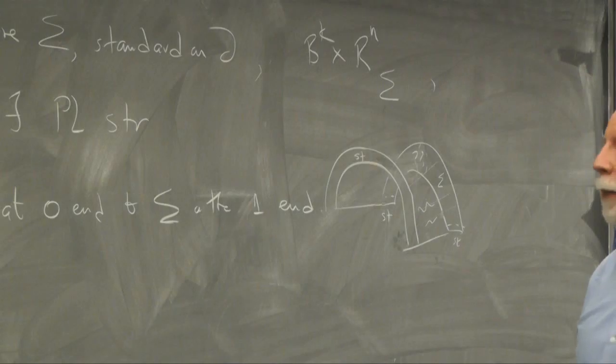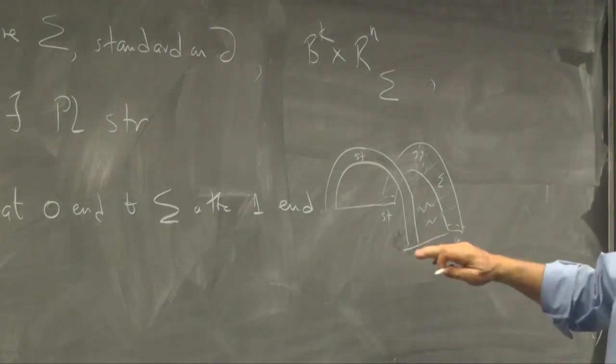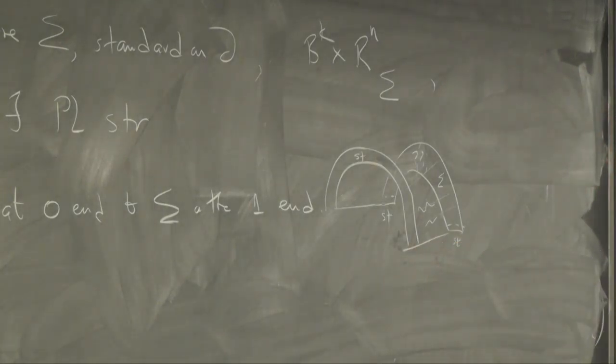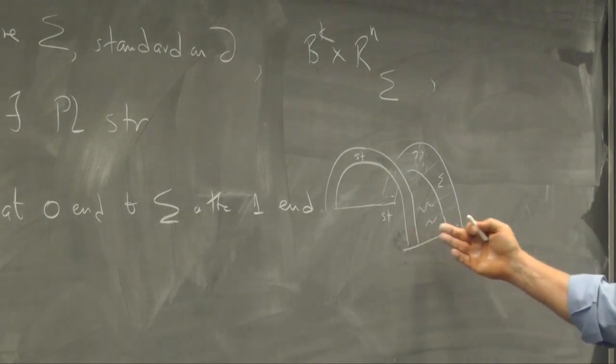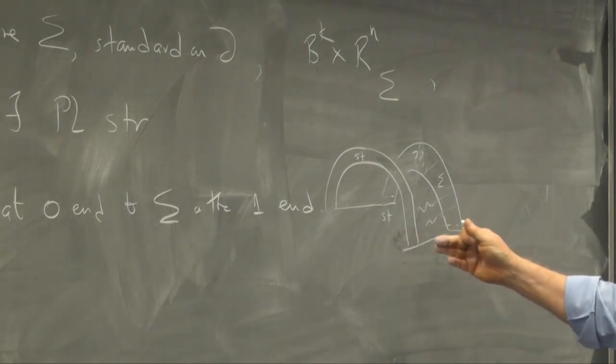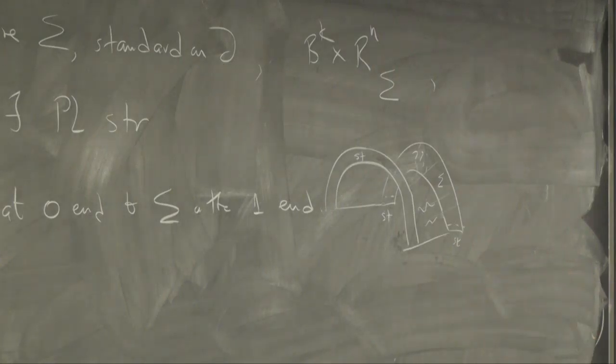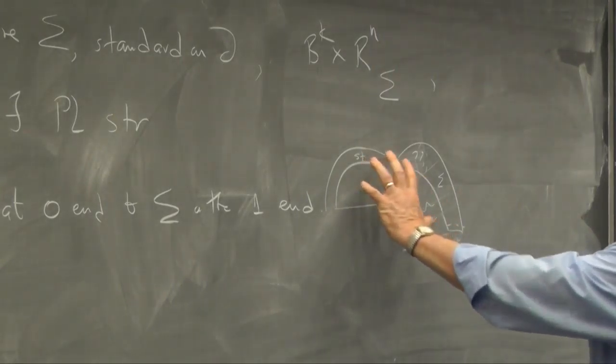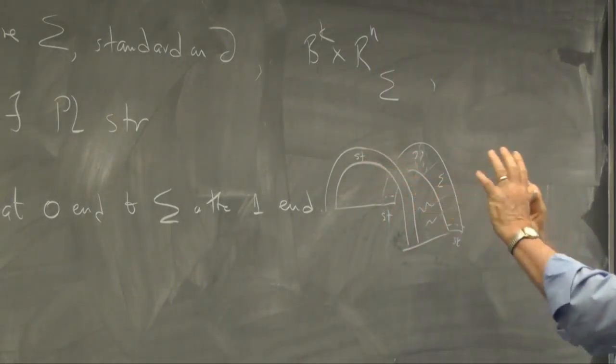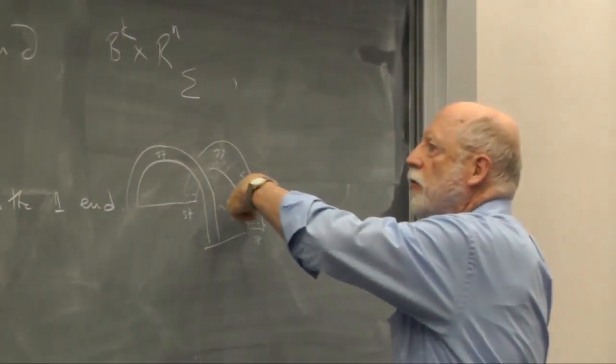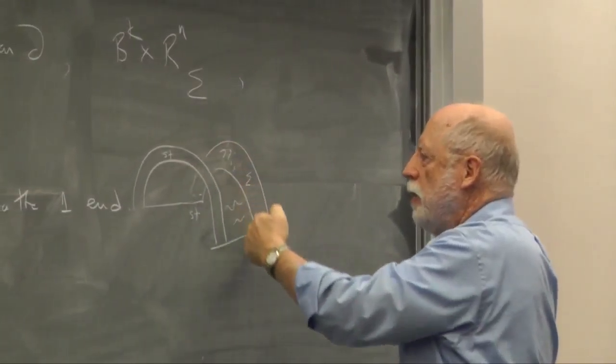So that's a concordance, and now the theorem says that if you have that concordance, then you can straighten it out. You can take the standard stuff and just move it across. In particular, you can straighten this handle you didn't know much about at the other end.